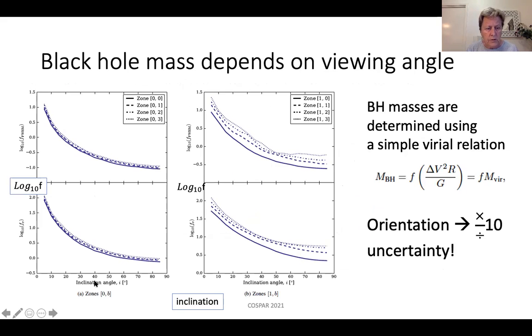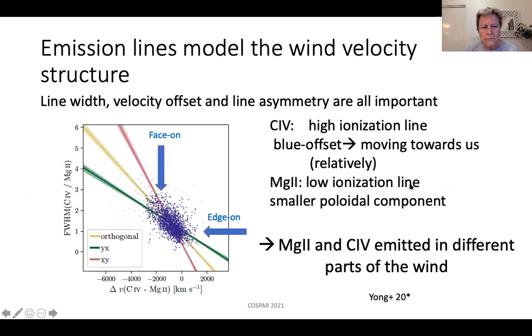And you can see here the inclination angle starting from pole on round to edge on varies by a significant amount depending on the direction of viewing, if you take account of these different zones, and that uncertainty was a multiplicative factor of 10 both ways. So that would mean then that this F factor in front of our equation could be quite significant.